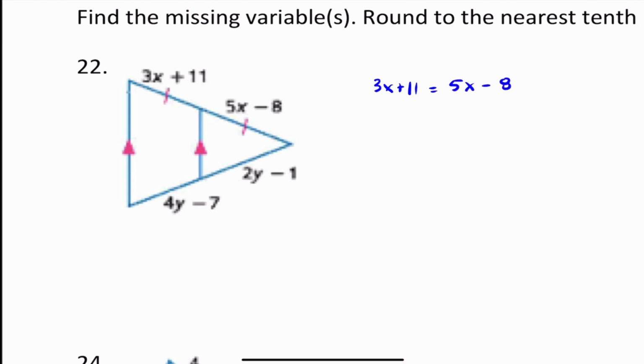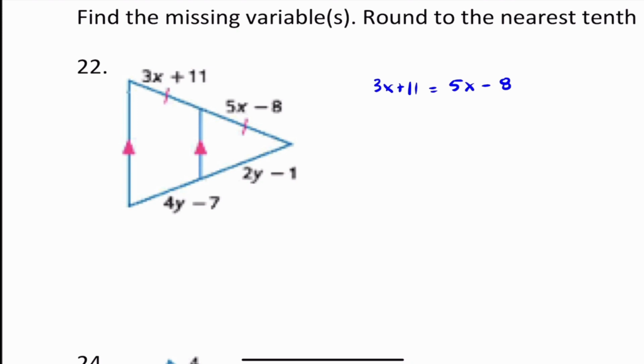Even if I created a proportion, you're going to have an x over y equals x over y, which we don't want, because that's impossible to do. So I think the best choice is to set these expressions equal to each other and then solve for x.